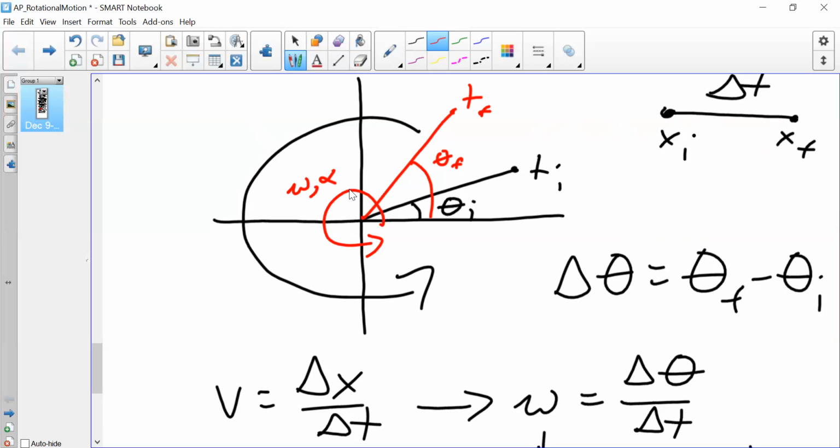That is the physical placement of those vectors, because we're talking about angular quantities.